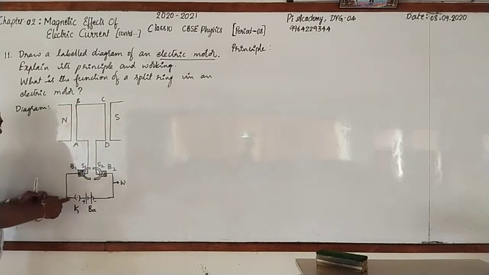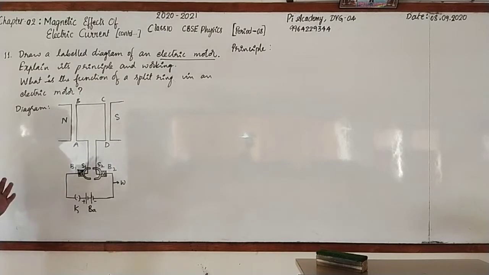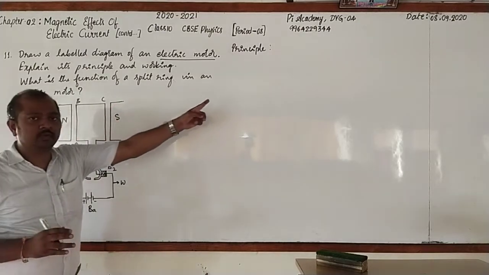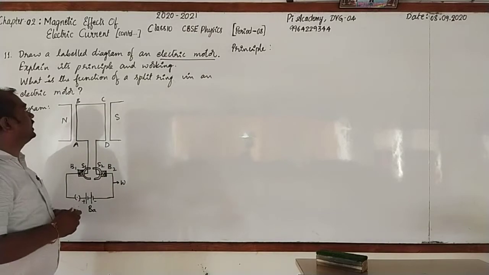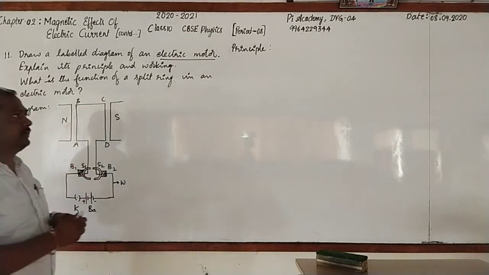That is, electrical energy is converted into mechanical energy. Once I tell you, the principle is: a conductor carrying current kept in the magnetic field experiences mechanical force. Followed? Next, its working.